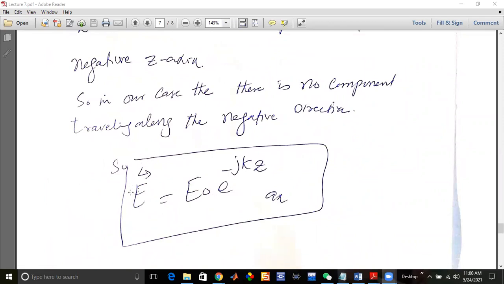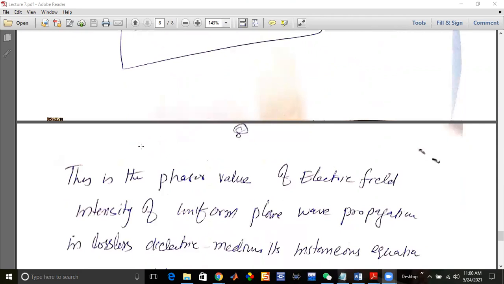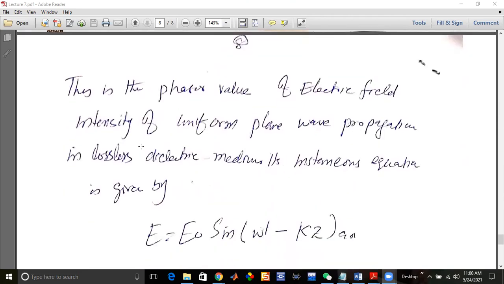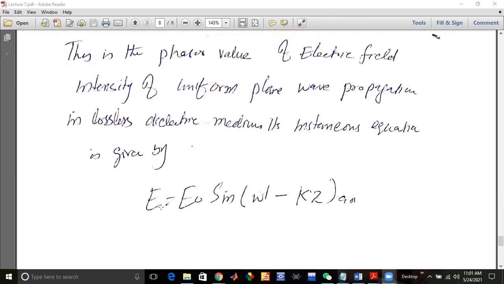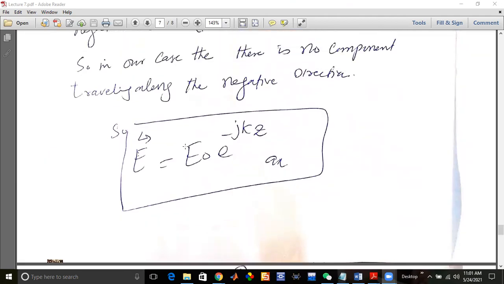This is the equation of the wave in phasor form. If we convert this into instantaneous form, then from the instantaneous point of view, you will write E equal to E naught sine omega t minus kz along the x-axis. And how will we convert this?